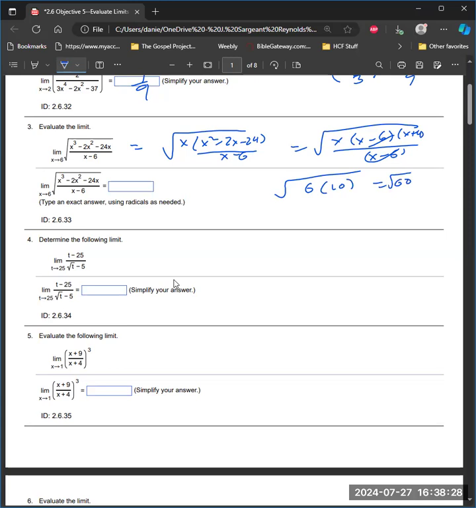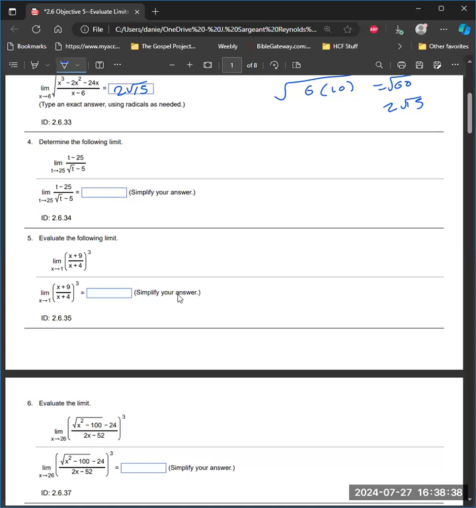Root 60 is 2 root 15. Root t plus 5, root t minus 5, root t minus 5 will cancel. That limit will be 5 plus 5 is 10.